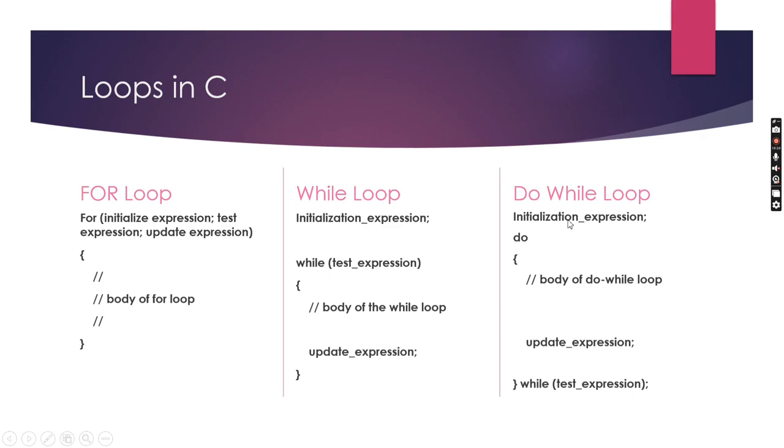In a do while loop, initialization is done earlier, then we apply the do, which contains the update of the expression, then we apply the while for the test of the expression. The for loop is most commonly used in our programs because it can do the work of while as well as do while in the same code.